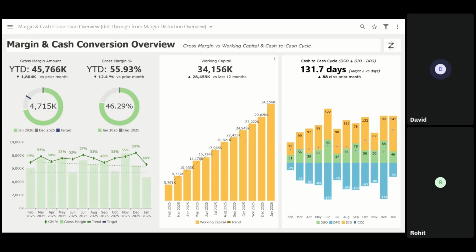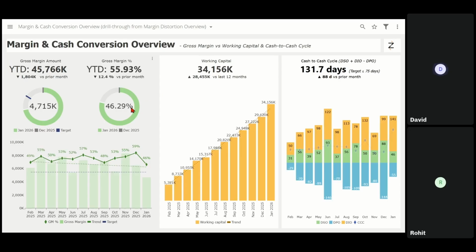And the second one that I'm adding here is the cash-to-cash cycle, also called CCC, which is basically analyzing how fast I am turning my sales into cash. So these two metrics will allow me to understand, okay, my margin is fine, but where is that contradiction? Why is my cash feeling tight?